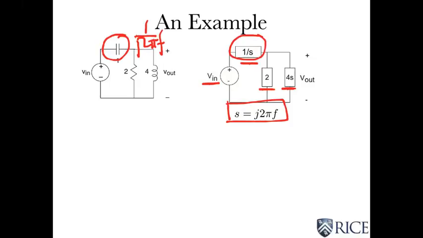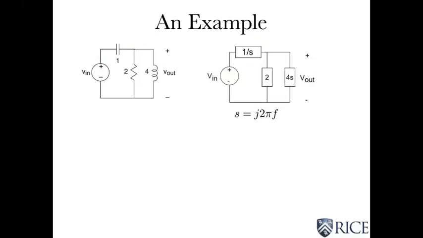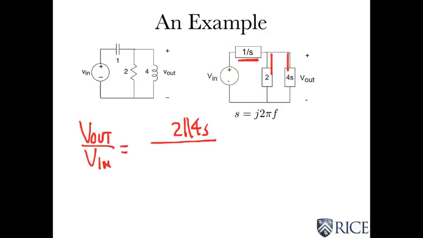Okay, so we now want to find V out. The complex amplitude V out is pretty clear: this is a parallel combination in series with that impedance. So I use voltage divider, and I find that V out over V in is equal to 2 in parallel with 4s, divided by 2 in parallel with 4s plus 1 over s.